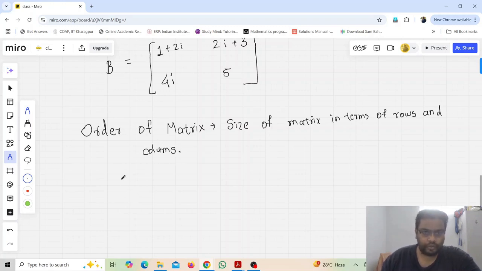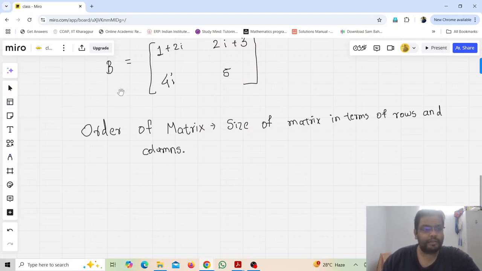So, order of a matrix is nothing but the size of a matrix in terms of rows and columns.